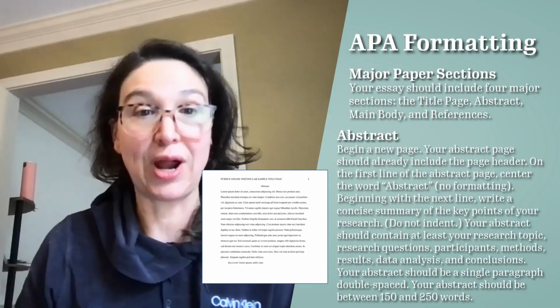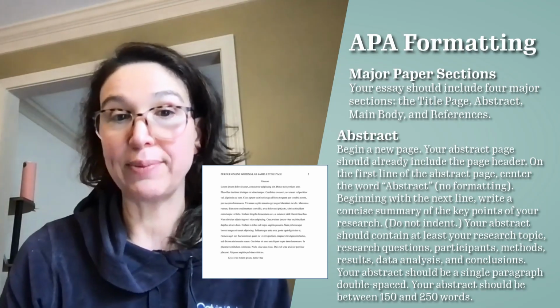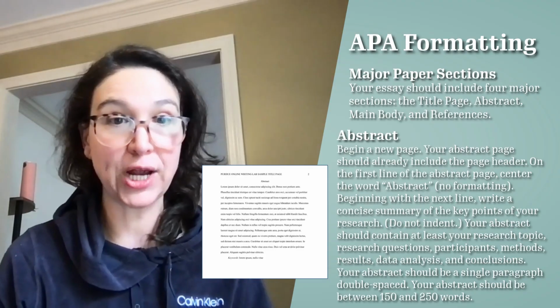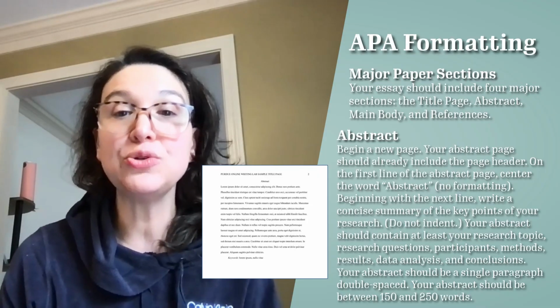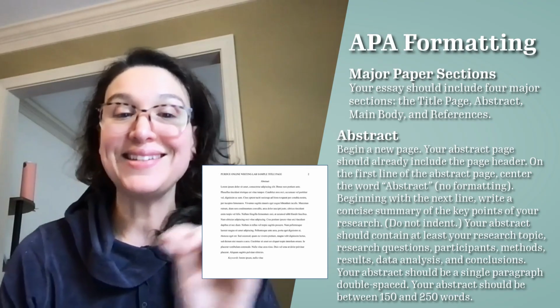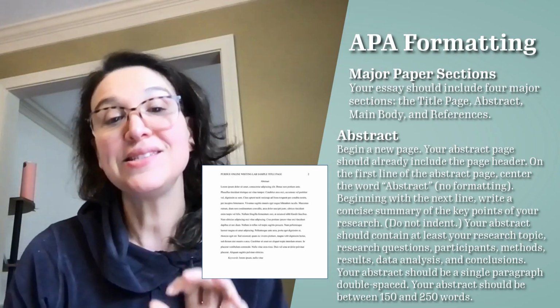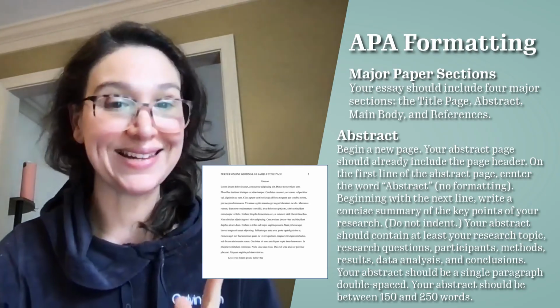Next is the abstract. This should begin a new page. Your abstract page should already include the page header. On the first line of the abstract page, you want to center the word abstract and begin the next line writing a concise summary of the key points of your research. But do not indent this.